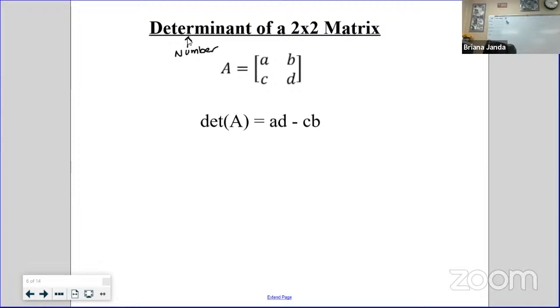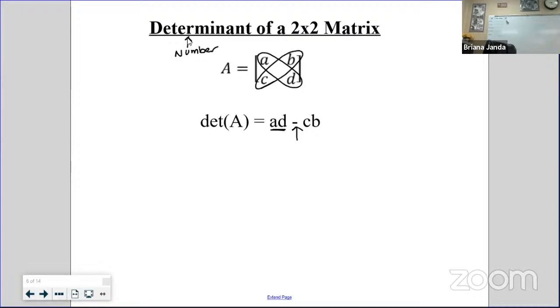And in a 2 by 2, it comes from taking A times D minus C times B. And it will give us some number. And it'll tell us about our matrix. First of all, if our matrix even has the ability to have an inverse. And second, it helps us find that.